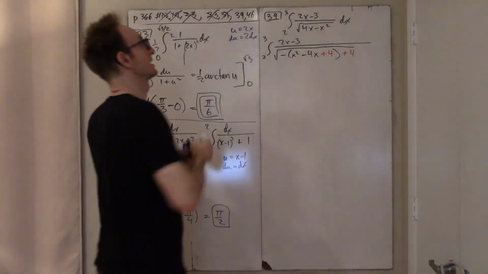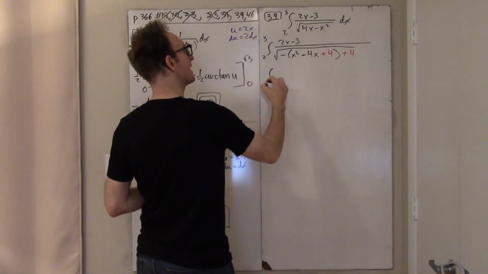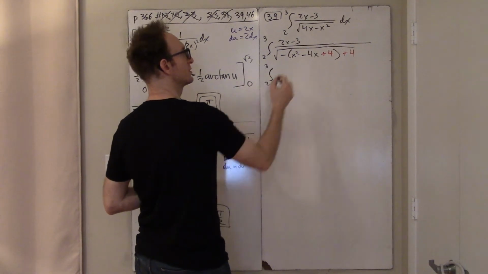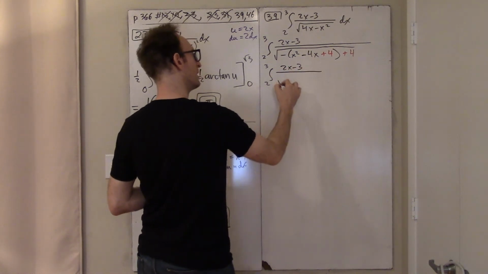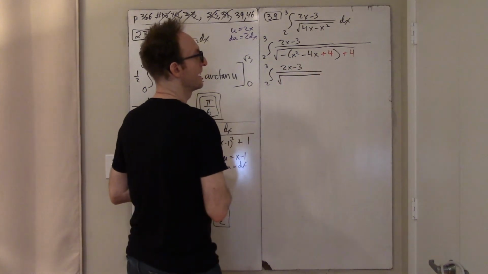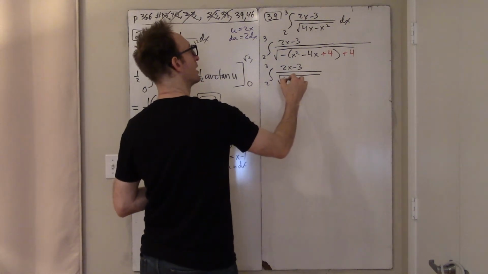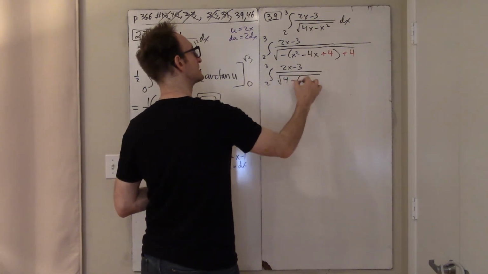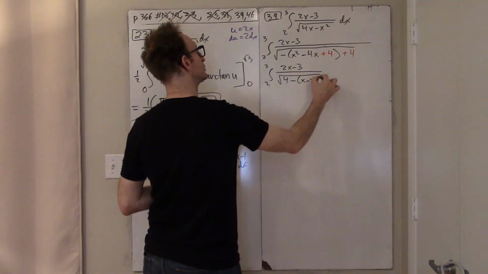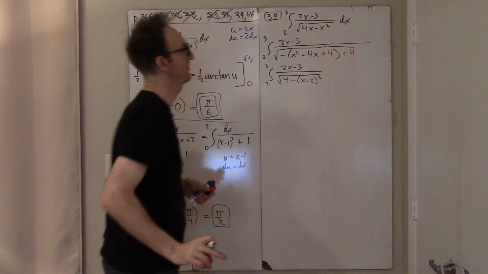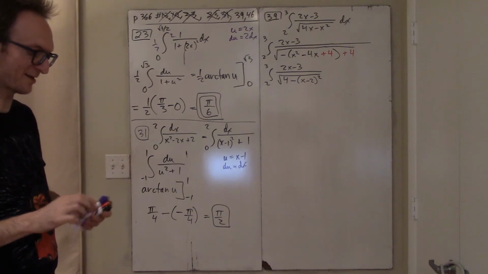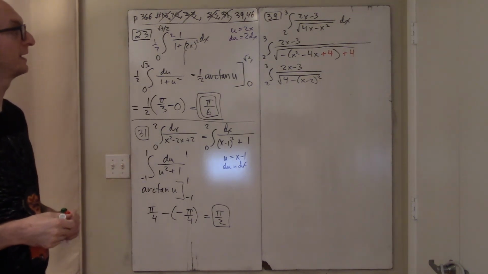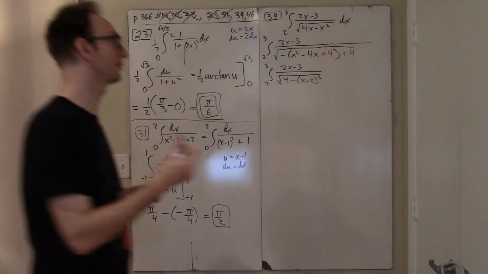This little bit of algebra has revealed the problem to really be the integral from 2 to 3 of 2x minus 3 over root 4 minus (x minus 2) squared. I did a bunch of algebra to reach that point of clarity. This is very helpful.